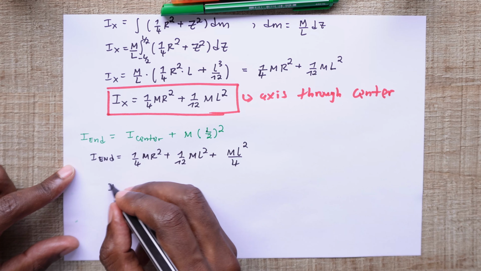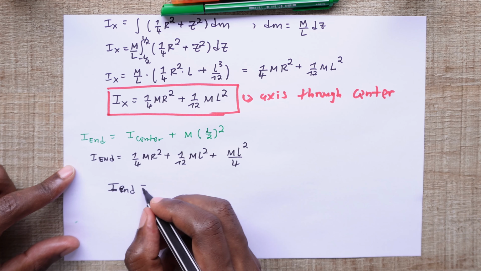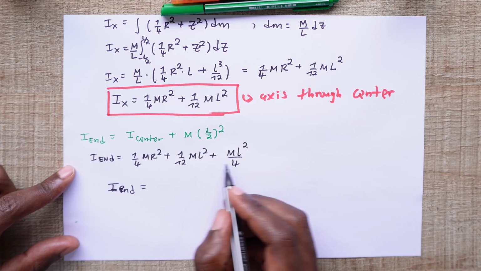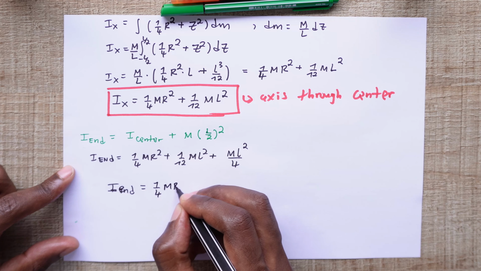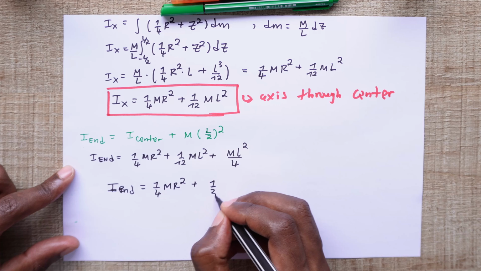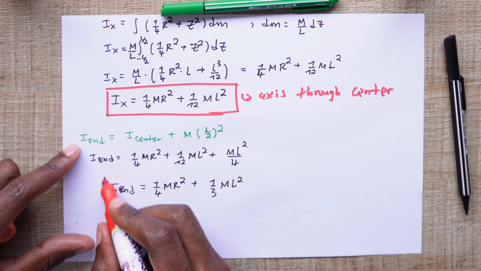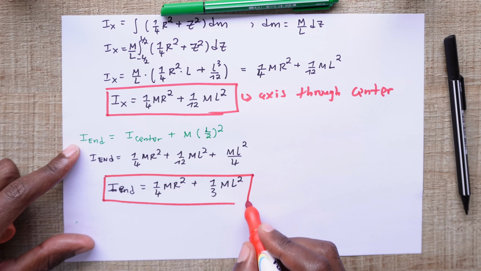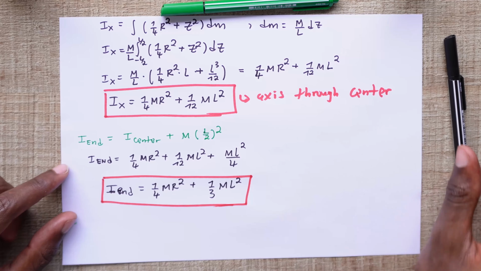So we're going to have that I end is just going to be, so that's 3/12, so that's 1/3, 1/4 M r squared plus 1/3 M L squared. It's a really straightforward application of the parallel axis theorem.